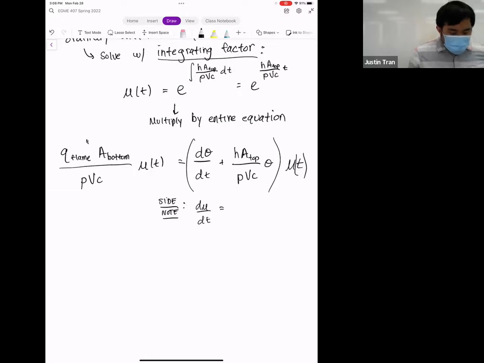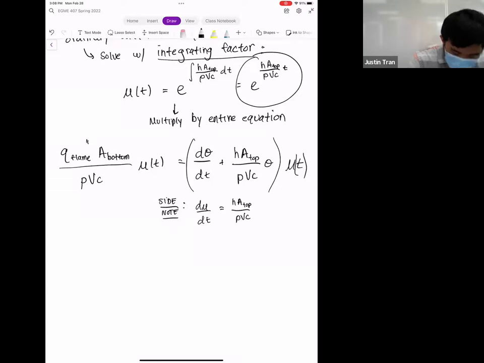Okay. And so if you take d mu dt, the derivative of the integrating factor, by the chain rule, you get that factor to come out in front. Since we're taking the derivative of an exponential, the exponential is still there, right?